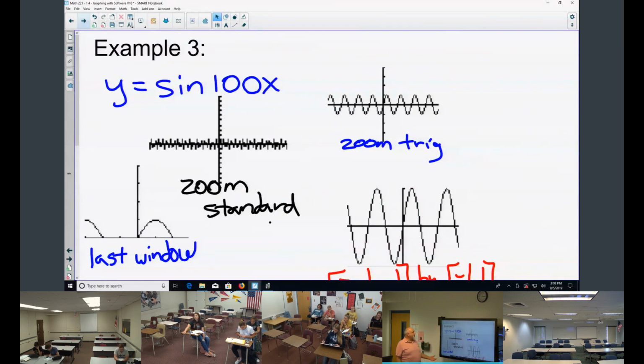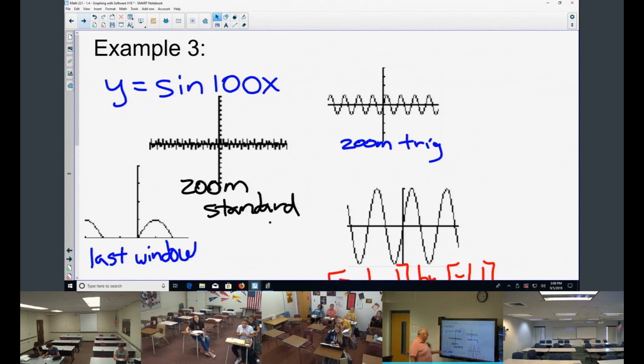Other weird things. Let's say we graph y equals sine of 100x. If you do zoom standard, it looks like some weird heartbeat. You do zoom trig, and it kind of looks like a sine wave maybe.